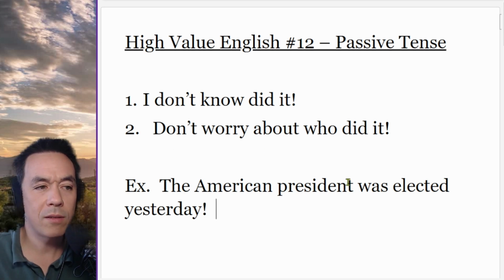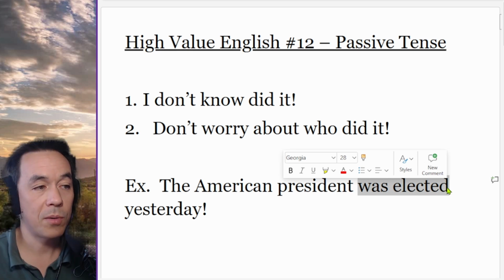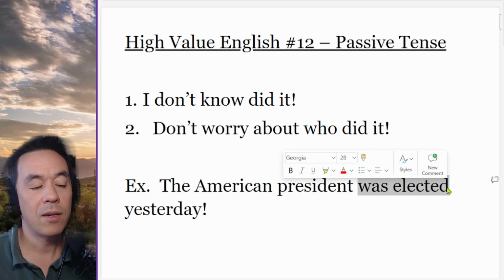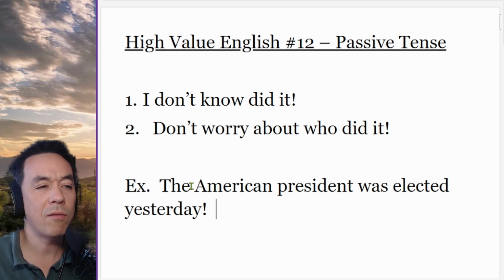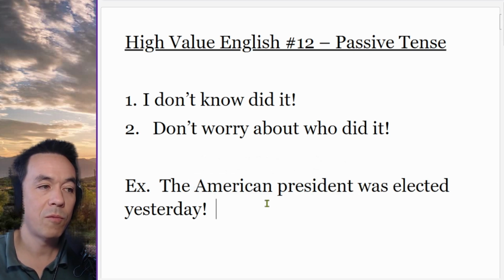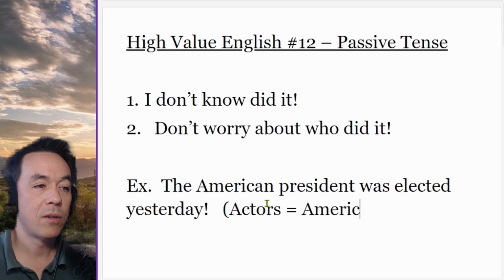So after an election, the votes come in, and then this person was chosen, was elected. All right. Now in this case, well, we know who. The actors are the American voters, right? So we know that.